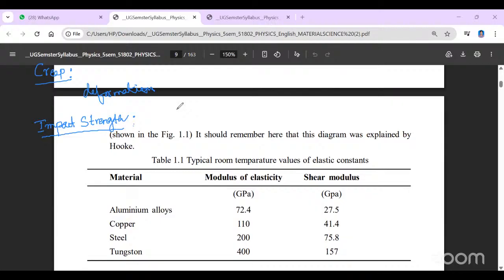That is also known as impact strength or toughness of the material.